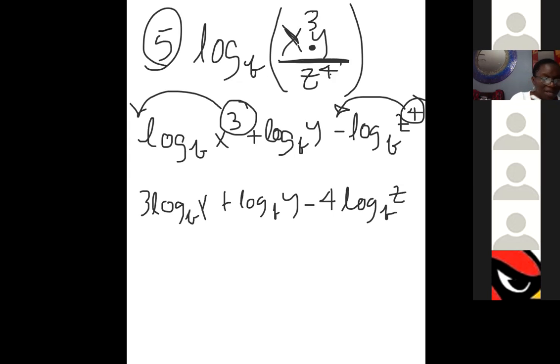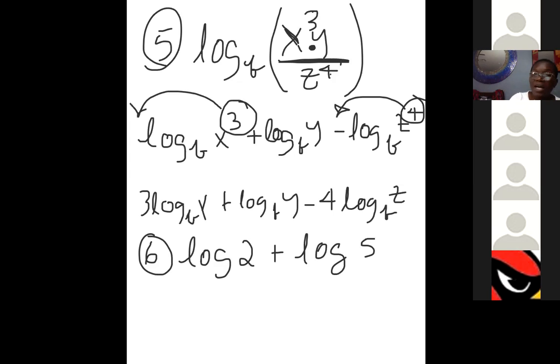All right. Now, here comes the next one, number 6. We're now moving into condensing the logs. So the first one says log 2 plus log 5. You can actually type this into your calculator. But if we're using the properties to condense this, we are adding, addition becomes multiplication when you do this in reverse.